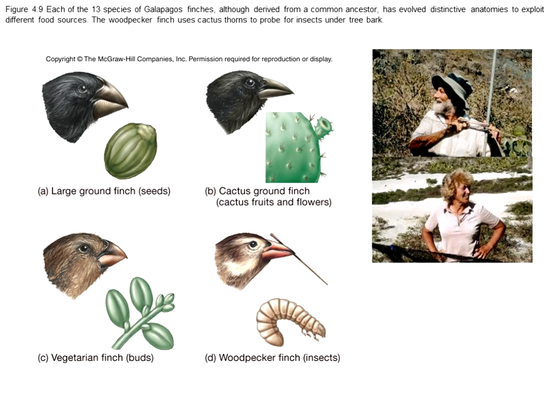Because of the availability of a variety of food sources, natural selection forced speciation on this one ancestral species to develop a variety of species of finch that could exploit these different types of food resources.